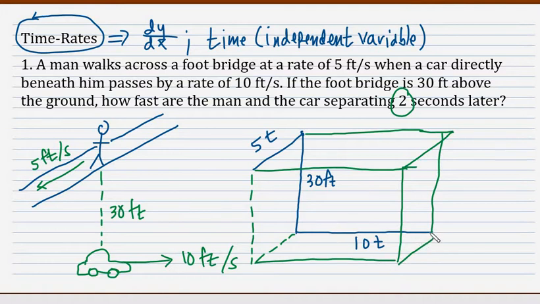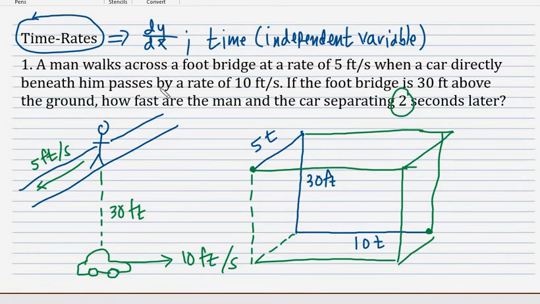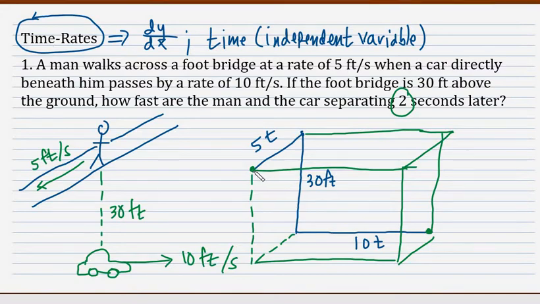The car is here, and the man would be here after a certain time. We are investigating after 2 seconds, and the rate at which they are separating would be represented by this line.